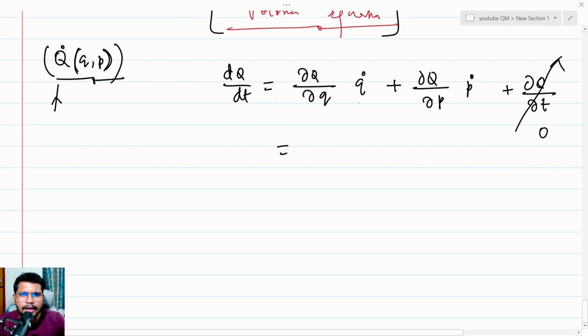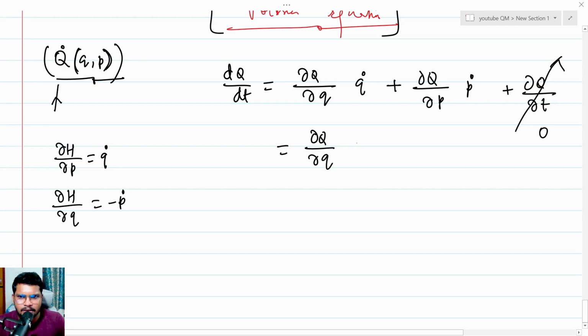Now, if I have the Hamiltonian, del H by del p gives me q dot, and del H by del q gives me minus p dot. So this becomes something in terms of the Hamiltonian: del Q by del q times del H by del p, and so on.